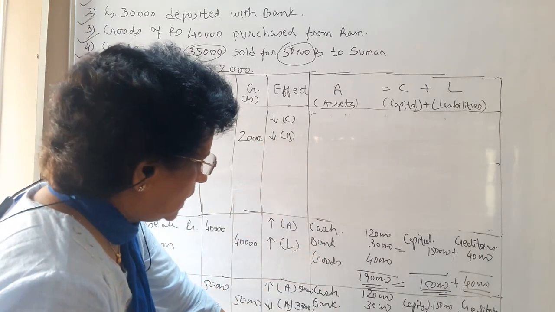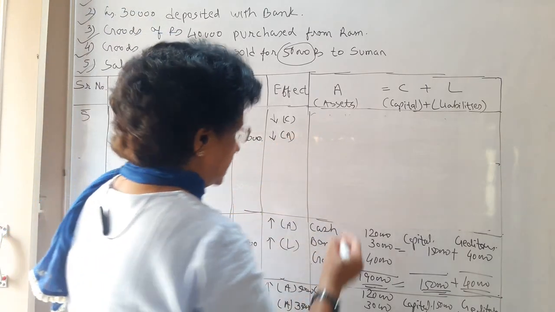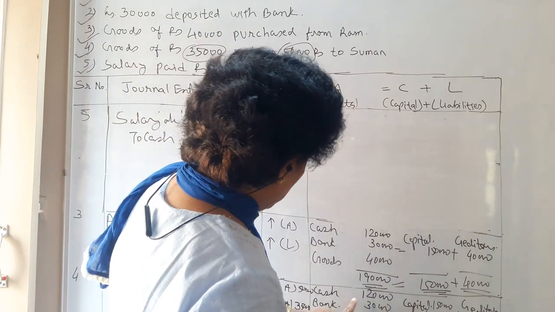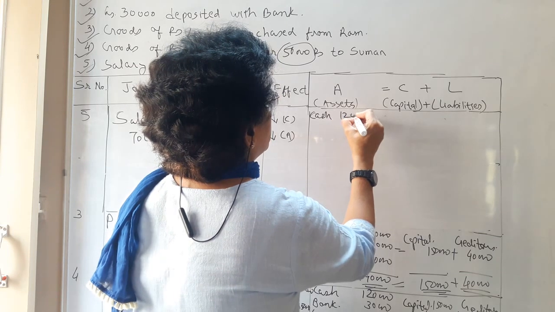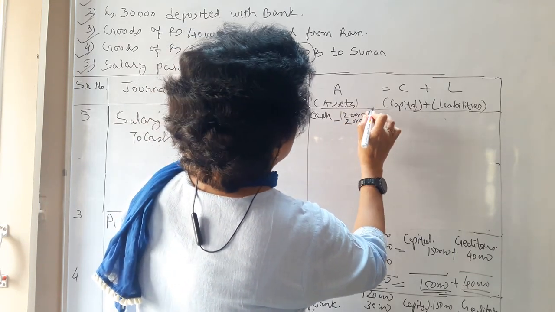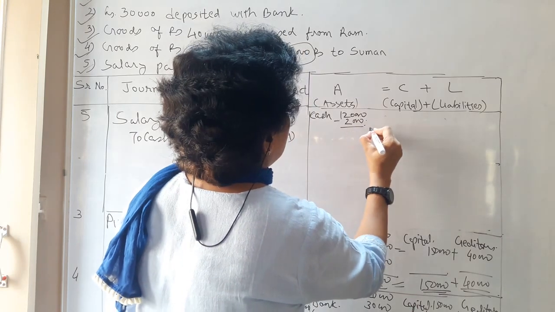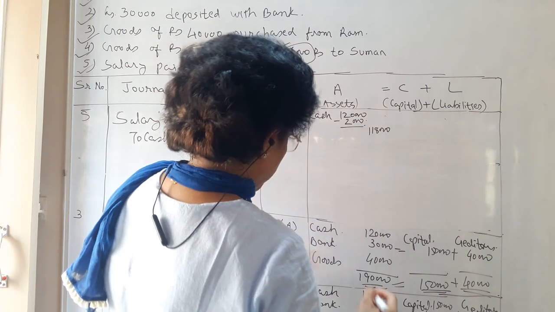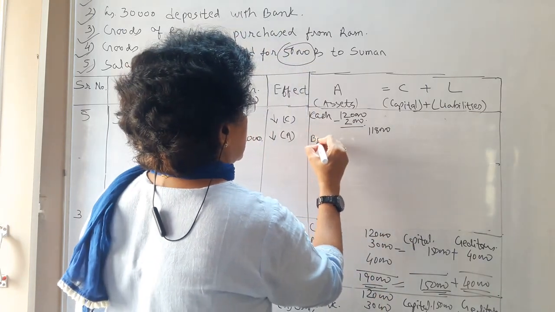Let us show the same in our equation. Cash account you have as per earlier 1,20,000, minus you have paid 2,000, so that remains 1,18,000. Okay. Then the bank is the same.